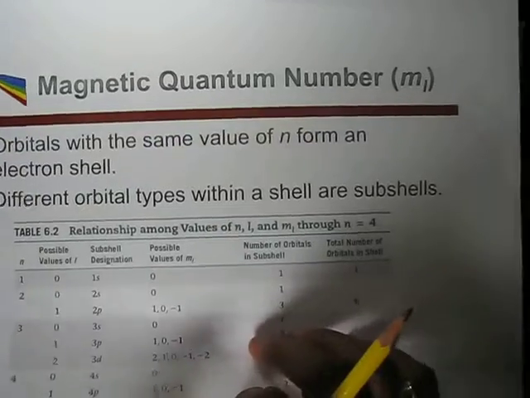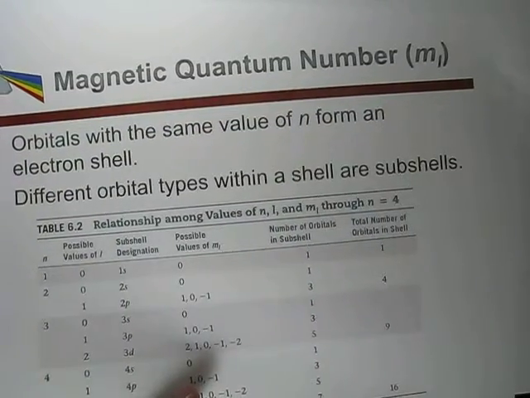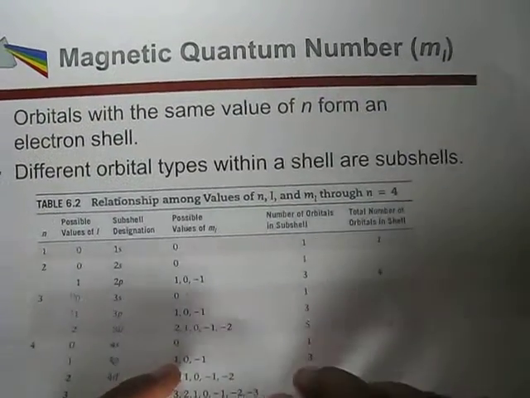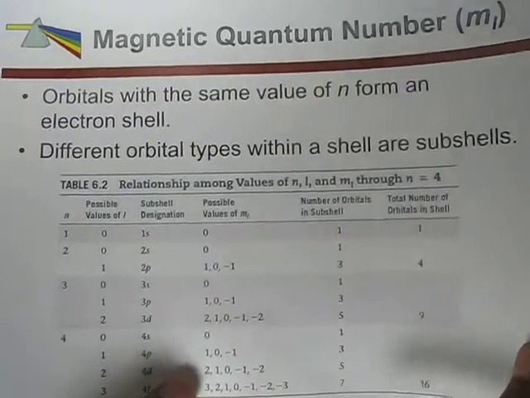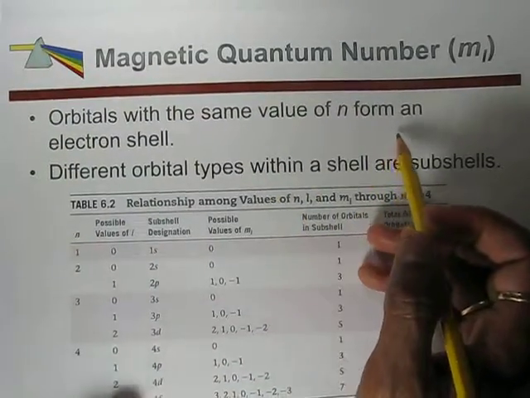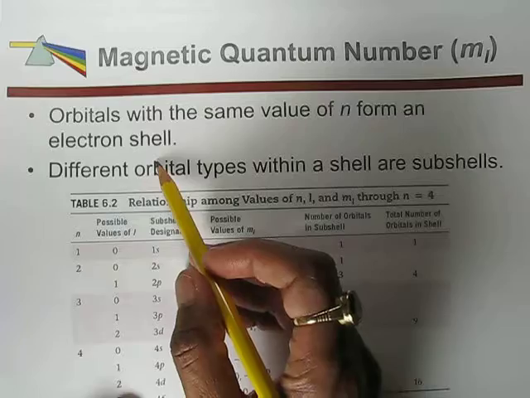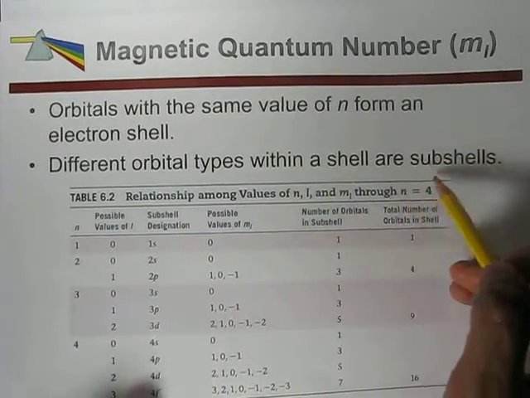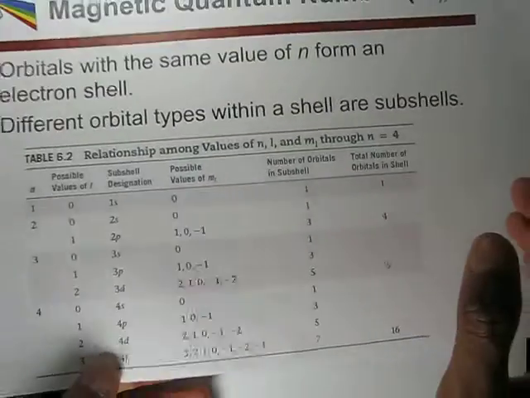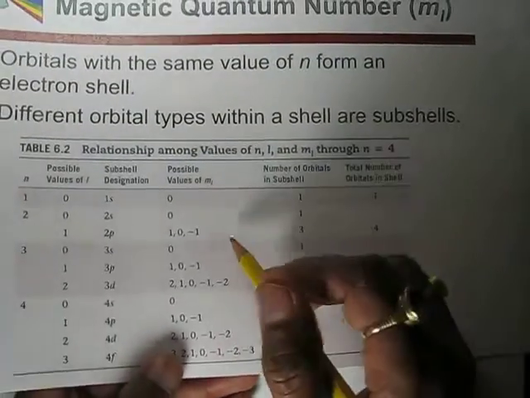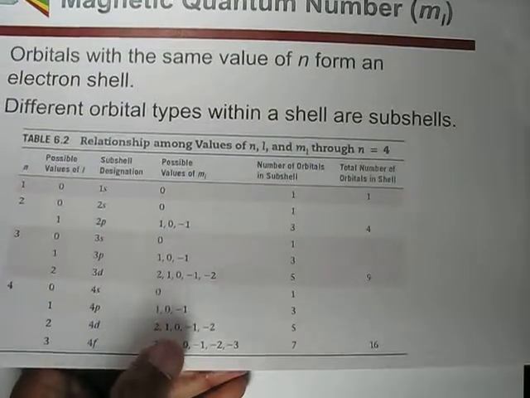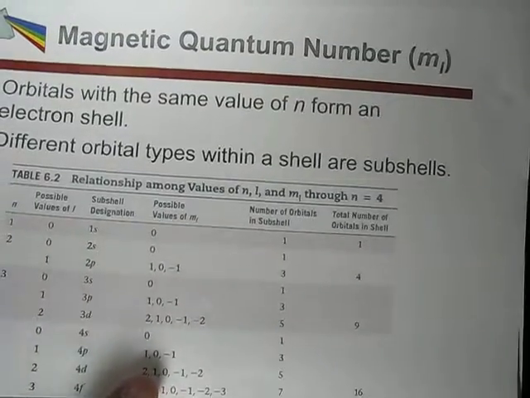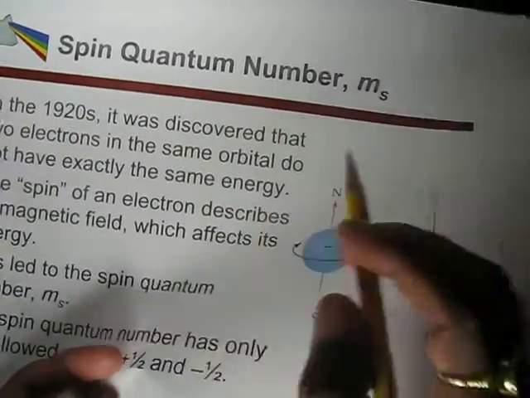Once again, about the magnetic quantum number, small ml, orbitals where the same value of small n form an electron shell, and different orbital types within the shell are subshells. Before reading this table, I would like to go to the next slide, and then we'll go to that table.